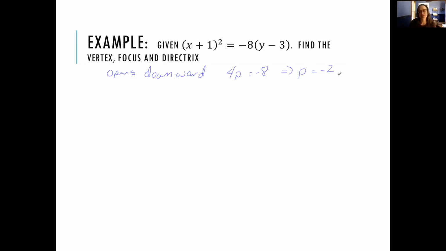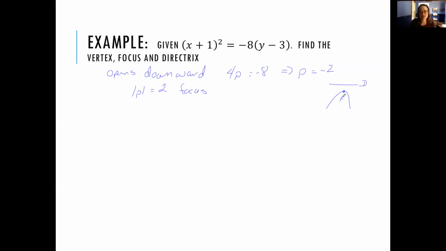Now remember what this p is. If we take the absolute value of p, that's 2, that means that there are 2 units. So this thing opens downward. There's the vertex, this is the focus, this is the directrix.